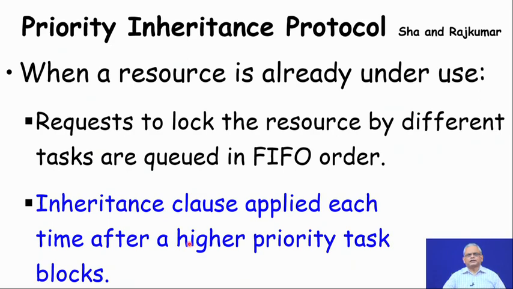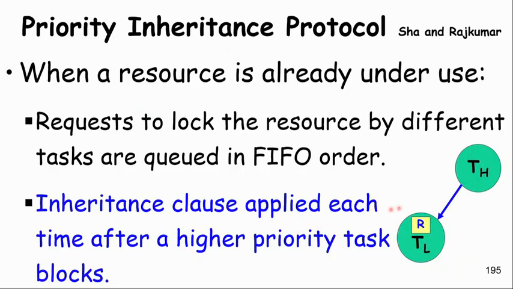Whenever a higher priority task blocks for the resource, the lower priority task inherits the priority of the highest priority task that is blocking on the resource. So, this is an example here.